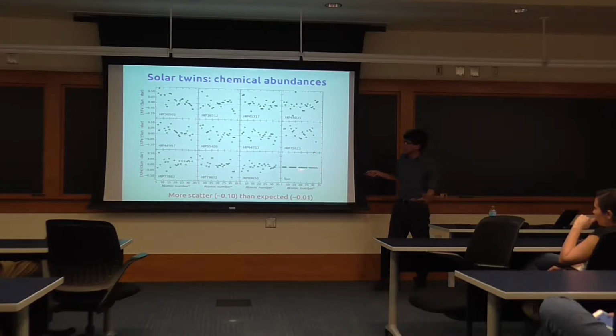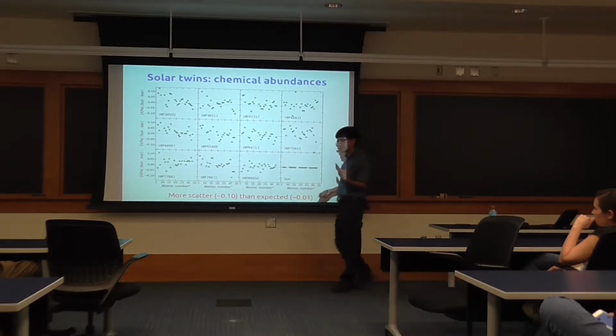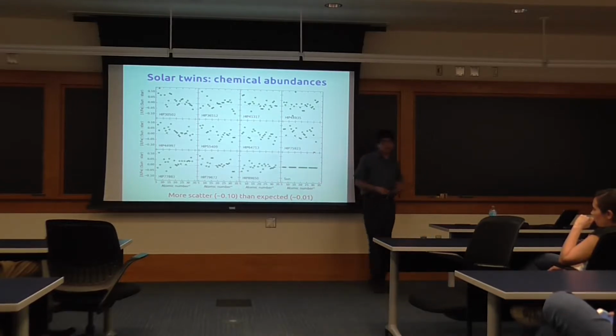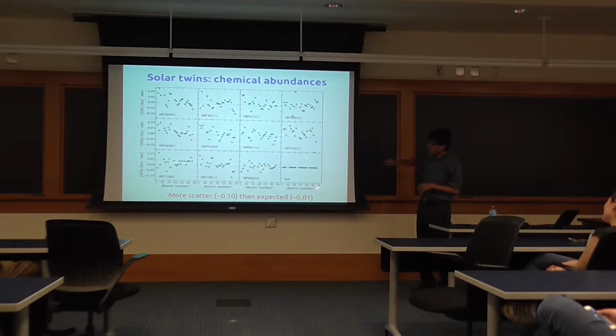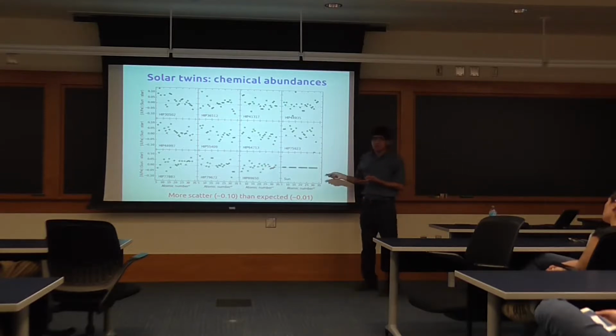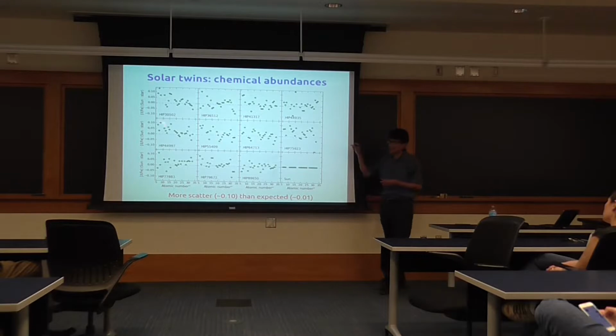So if our expectation was correct, the expectation that the abundance ratio should be solar, then all these points should be around the blue line with a scatter of about 0.01 dex, which is clearly not the case here. There's a much larger scatter, in some cases going all the way to 0.15 or 0.2 dex.